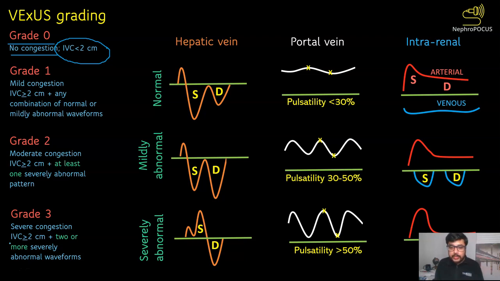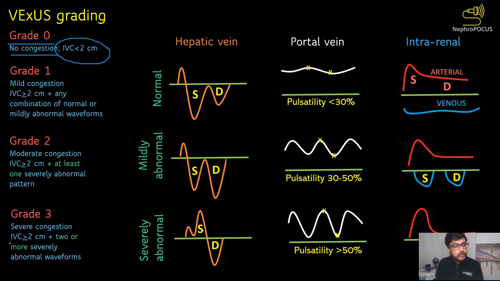And in the intrarenal vein, if you have a continuous waveform, that's normal. If you see distinct systolic and diastolic waves, that is the biphasic pattern, it's mildly abnormal. And if you see a D only pattern or monophasic pattern, that is flow only during diastole, that's severely abnormal.